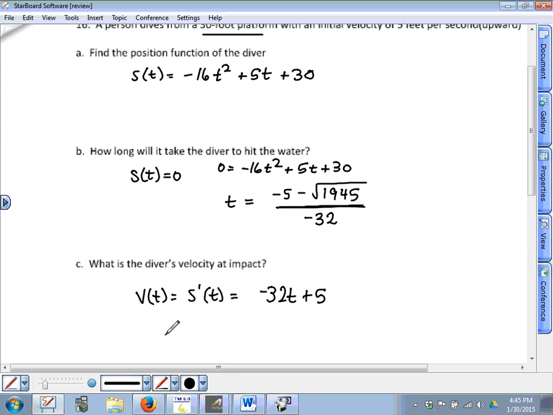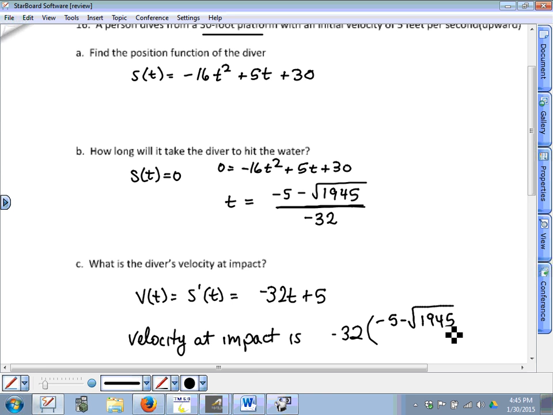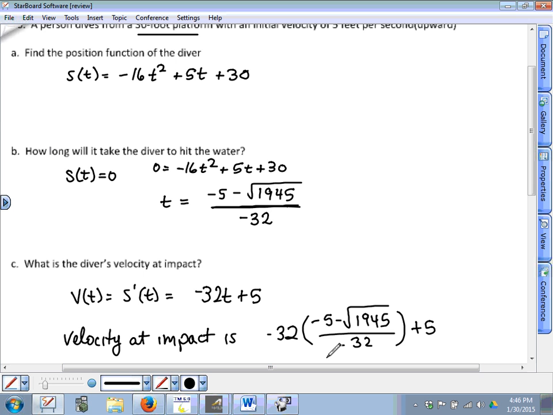So the velocity at impact is negative 32 multiplied by this value of time right here, plus 5. So the negative 32 cancels here.